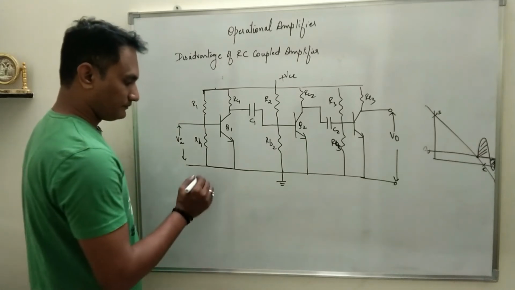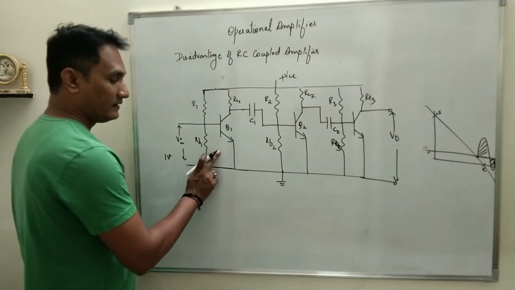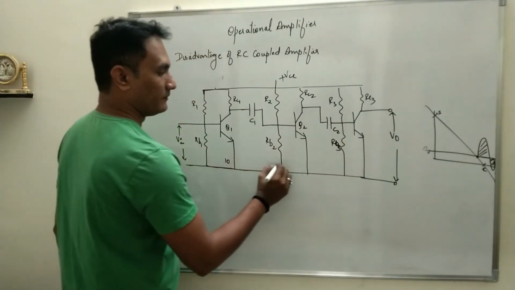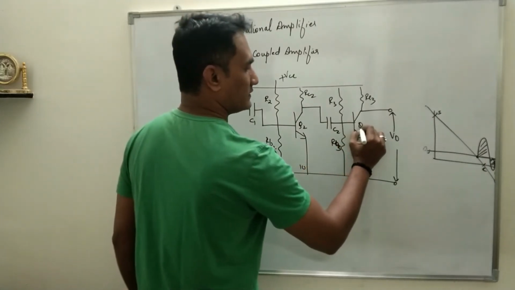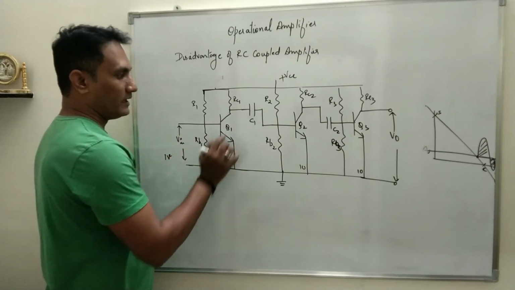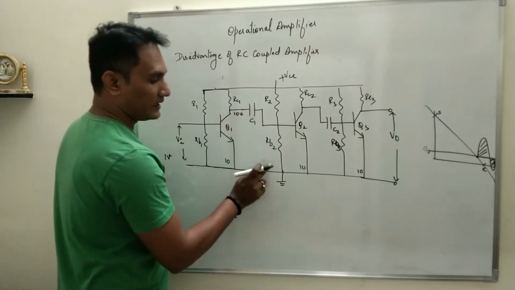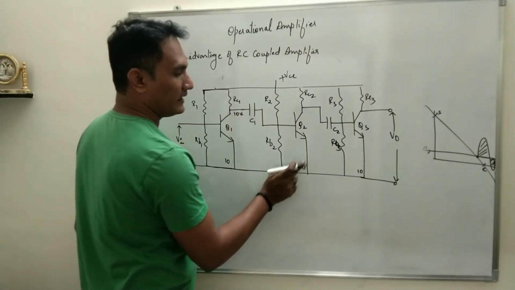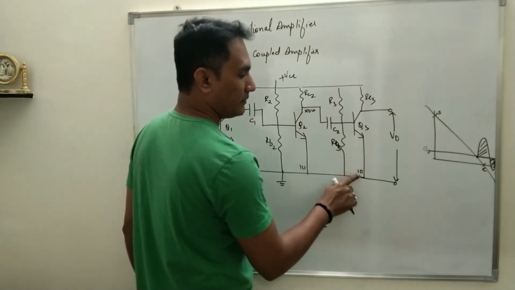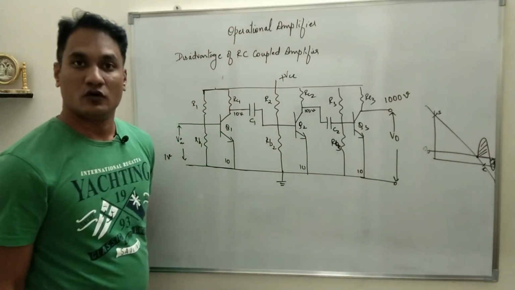Suppose we have applied 1 volt and the gain of each section is 10, say this is Q3, 10. So what will be the output? 1 multiplied by 10, here the output will be 10 volts. 10 multiplied by the gain, again 10, so here it will be 100 volts. 100 multiplied by 10, the output should be 1000 volts.